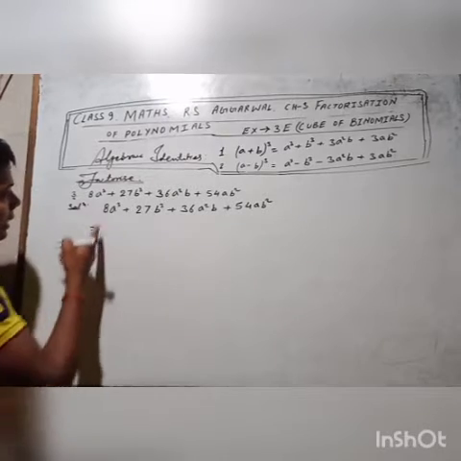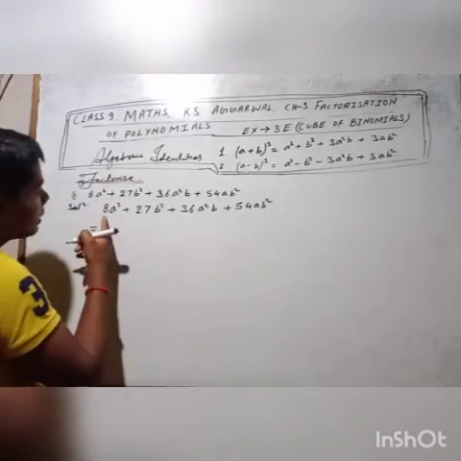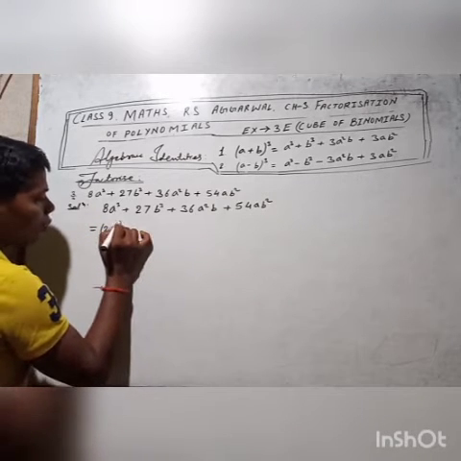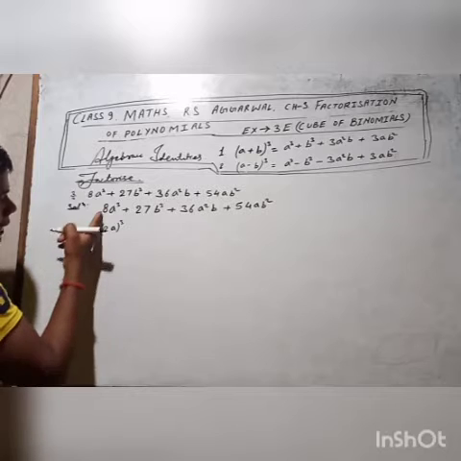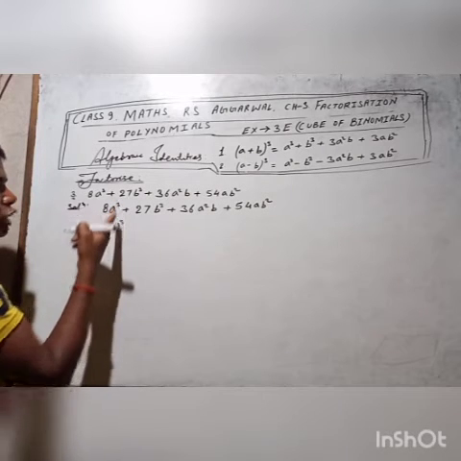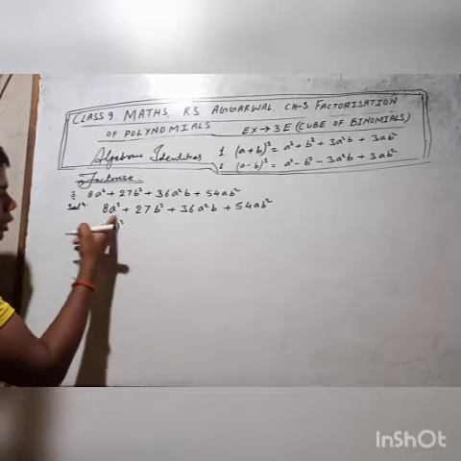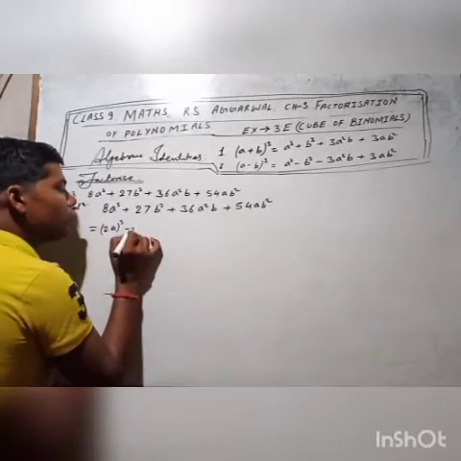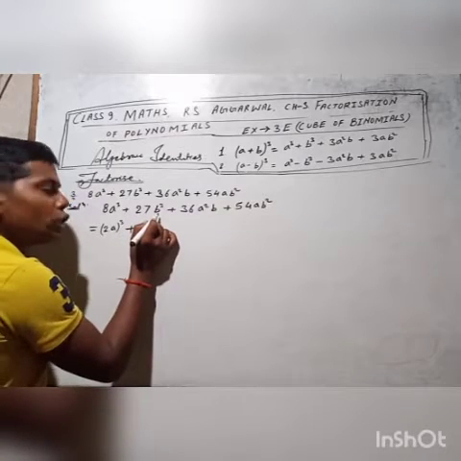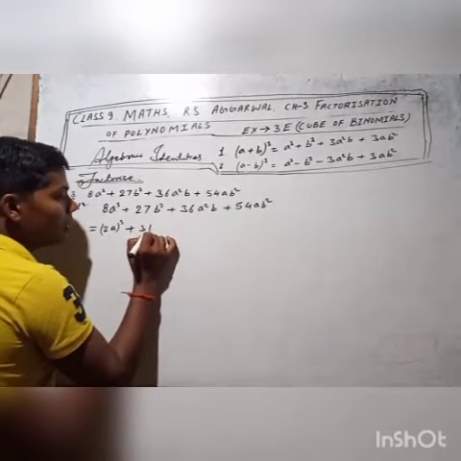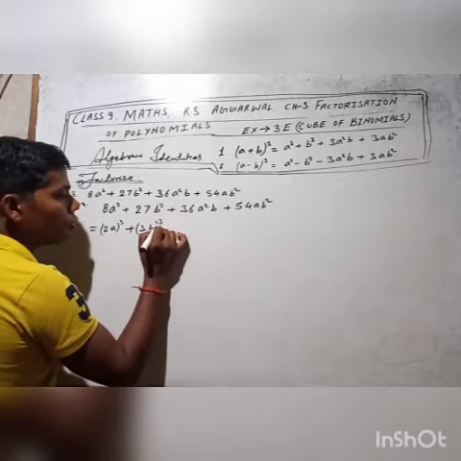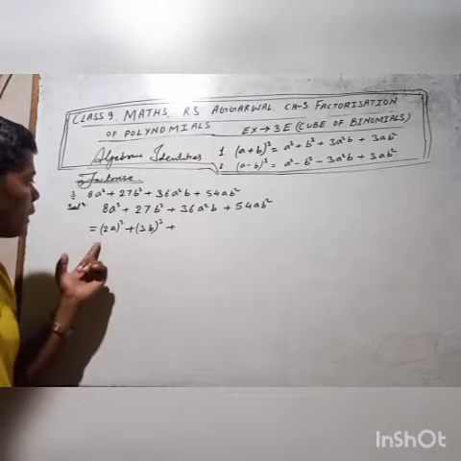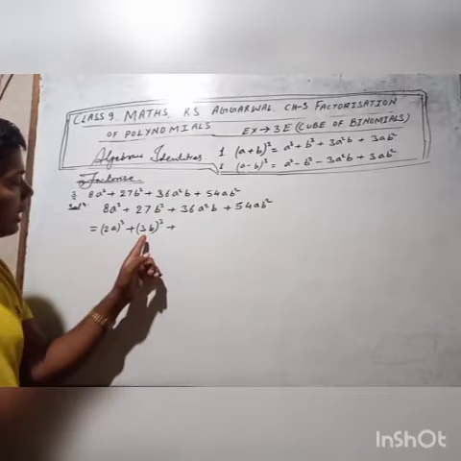Now we see that 8a cubed can be written as (2a) whole cubed, because 8 is equal to 2 cubed and a cubed is a cubed. So together it can be written as (2a) whole cubed. Similarly, we can write 27b cubed as (3b) whole cubed, plus.